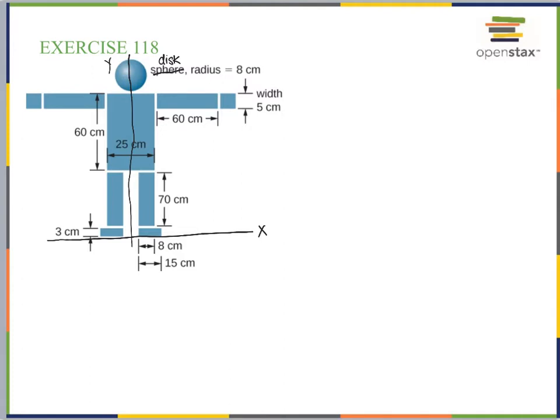So the idea here is, because I put the y-axis through the middle, I can say through symmetry that the x position of the center of mass is 0, because it's going to be somewhere along the y-axis. Now, how am I going to find out what that y coordinate is?